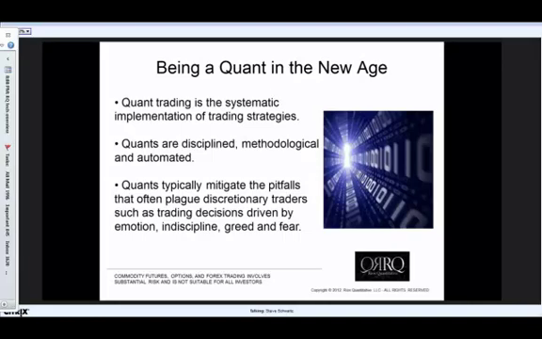of trading strategies. We look at the trading environment. We understand now with ArcuTech where the market is trending to, where the flow is going. We can identify where that market momentum is. And as long as we can stay disciplined to that methodological and automated approach, we're going to make the best selections we possibly can.